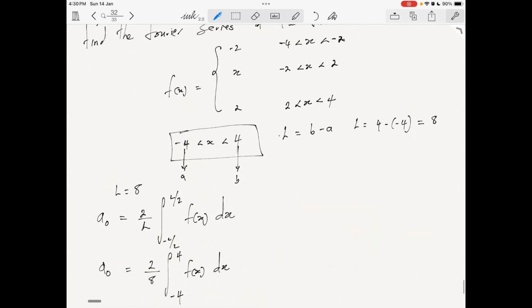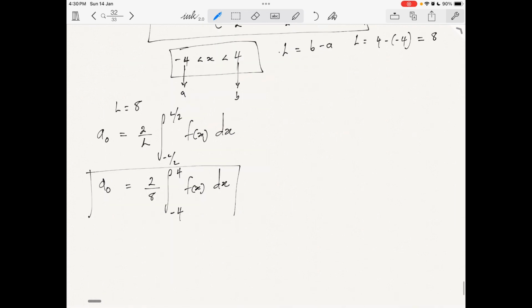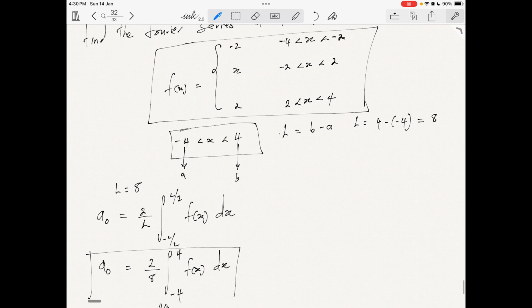If we take a close look at the question itself, it reminds us of a discontinuous function. So let's solve it. Moving it down, a naught is equal to 1 over 4 integral of minus 4 to 4 of f of x dx. Now we can split it across for individual ranges.